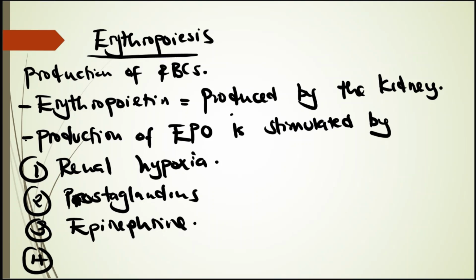The last but not the least is norepinephrine. Norepinephrine is also going to stimulate the production of erythropoietin in the kidney. This erythropoietin will now cause the production of red blood cells in the bone marrow.